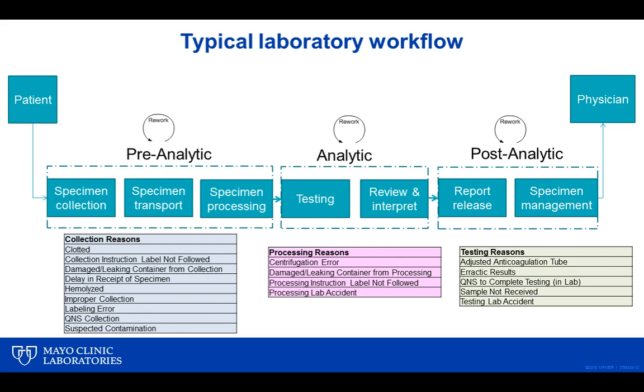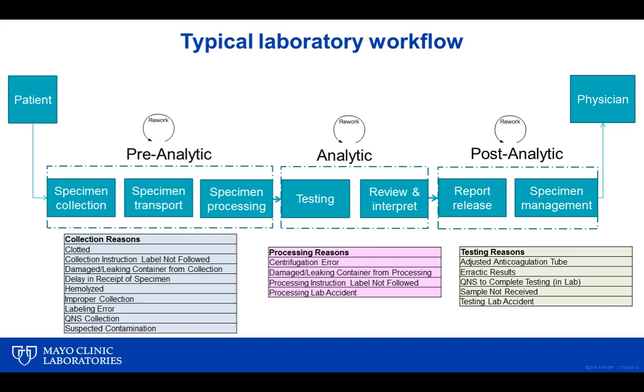The specimen that was collected can be clotted. Somebody not following the instructions on the labels. You can have a leaky container that doesn't allow you to get enough specimen for testing. A whole list of things can happen that can result in a rework.